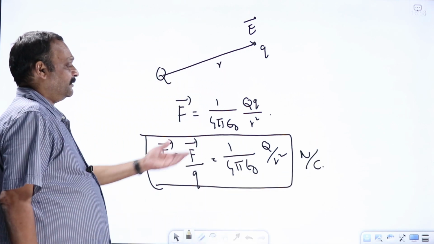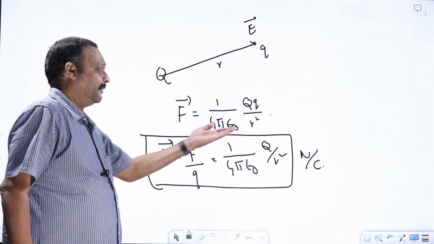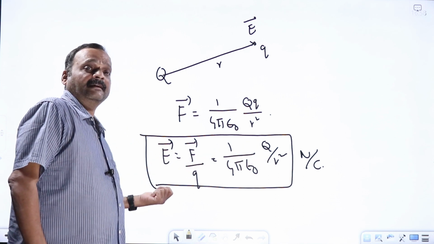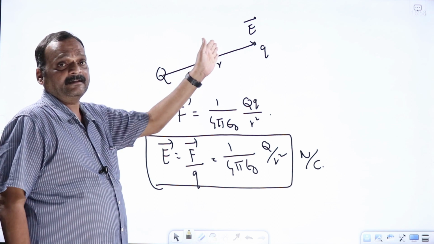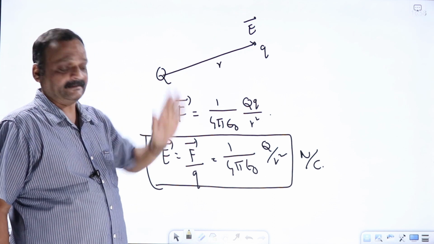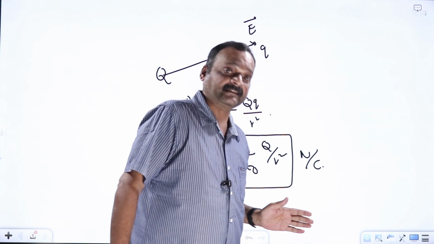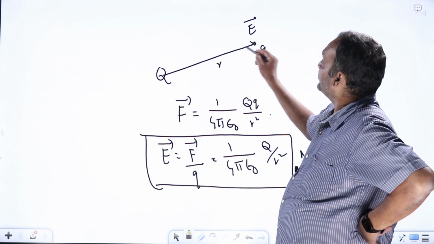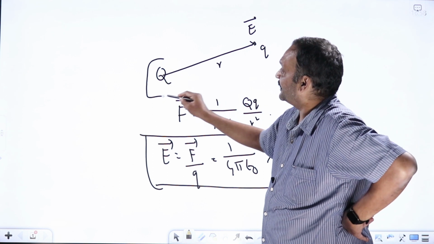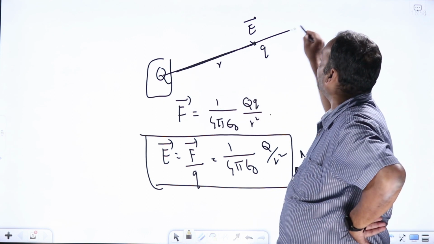More charge, more will be the electric field; more the distance, lesser will be the electric field. As you go away from the charge, electric field intensity keeps on decreasing. Intensity depends on the distance. If the charge is positive, electric field will be away from the positive charge.